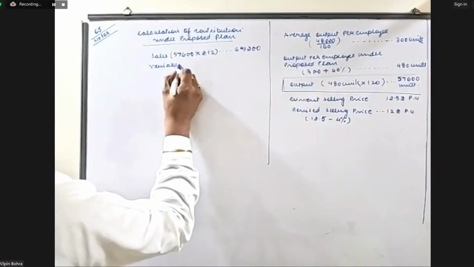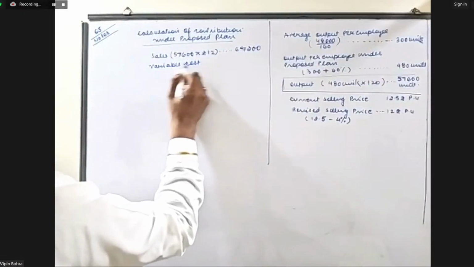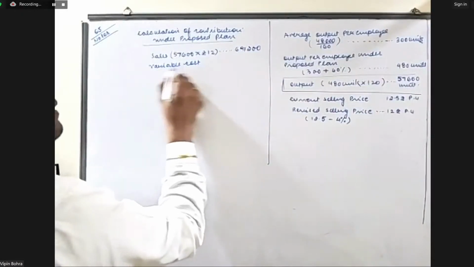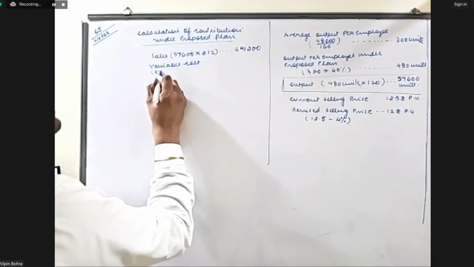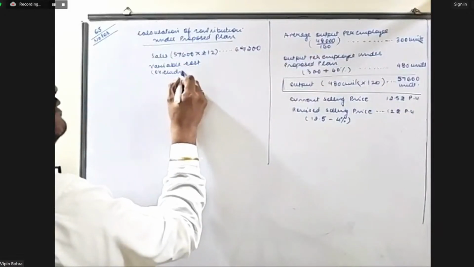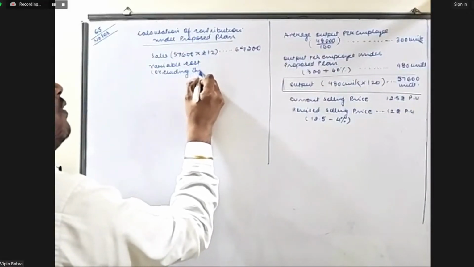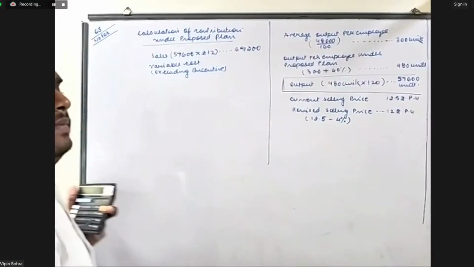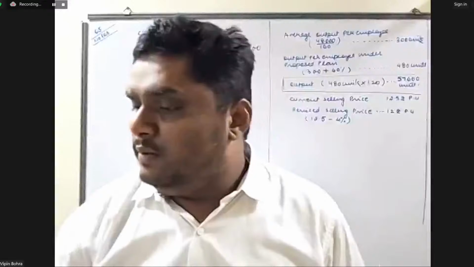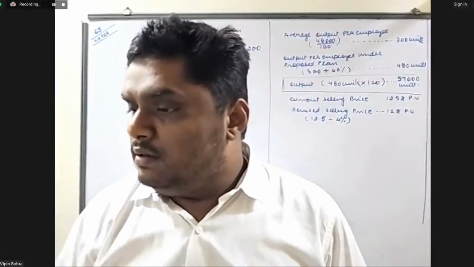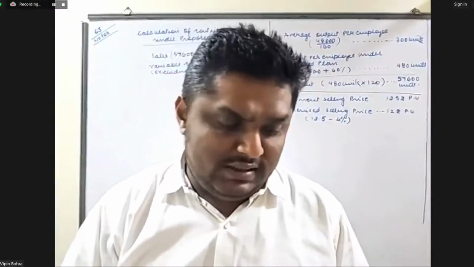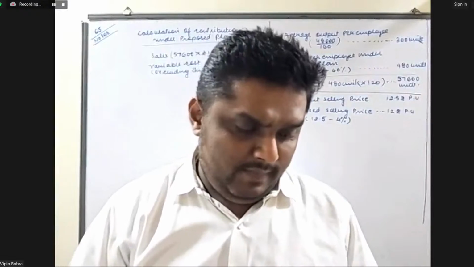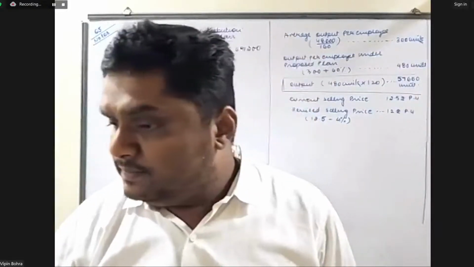My variable cost, now excluding incentive. See, earlier my variable cost was 6 lakh minus 2,40,000, that is 3,60,000.